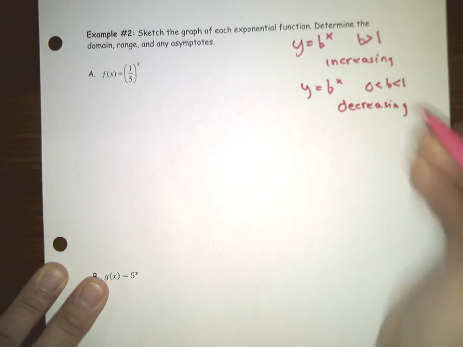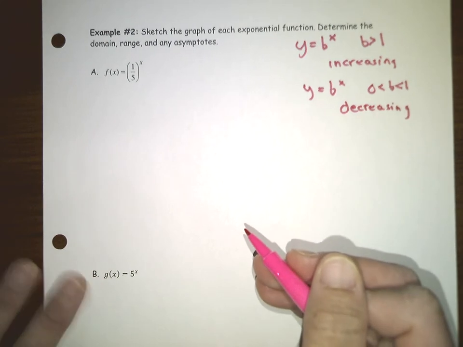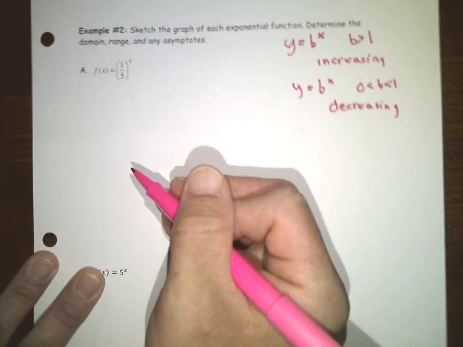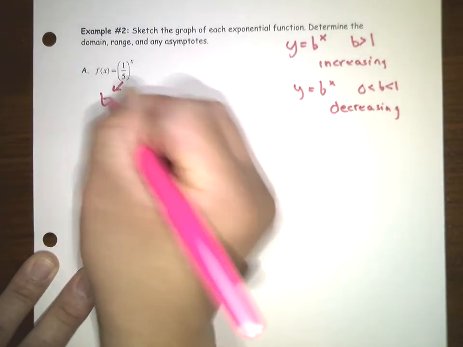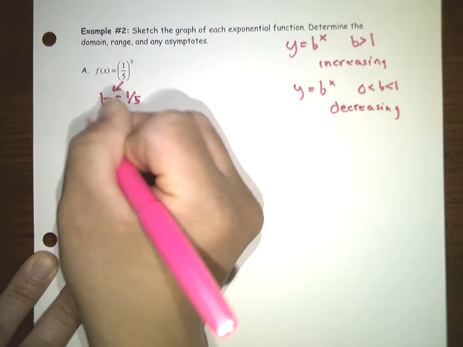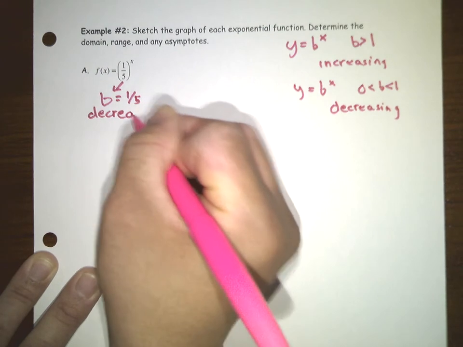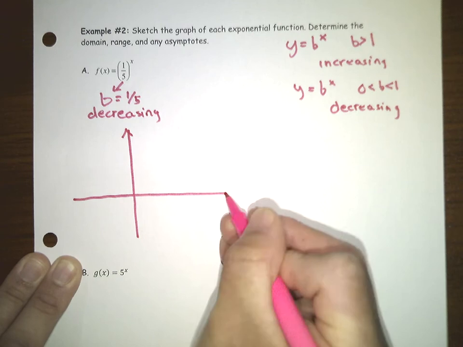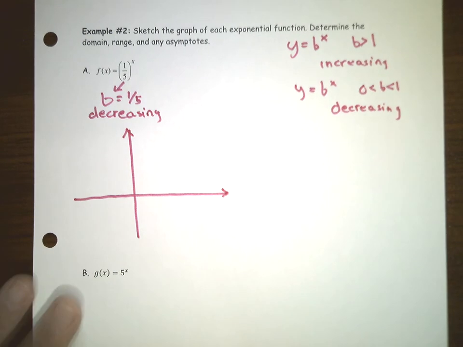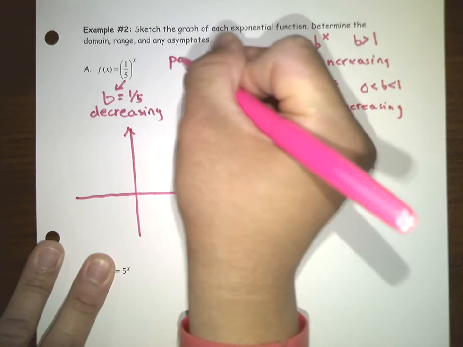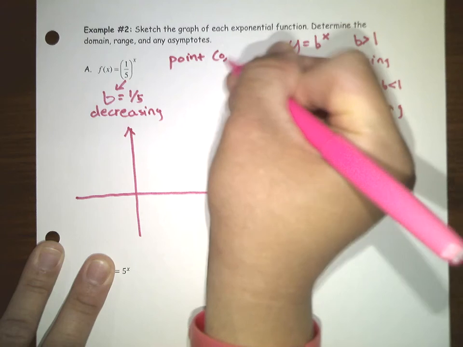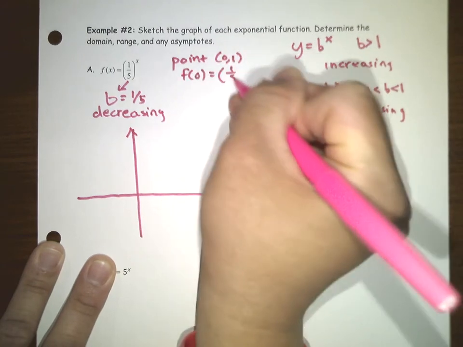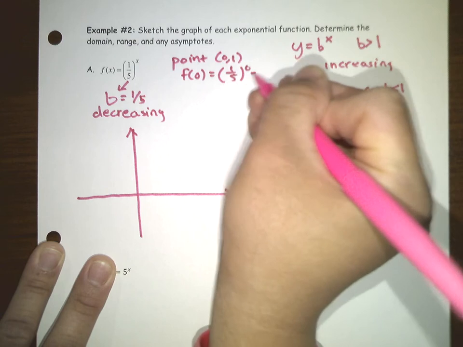So I look here at f of x equals 1/5 to the x, and I see right away that this has a base of 1/5, and so this graph should be decreasing. So I know that there's always a point at 0, 1, because f of 0 is 1/5 to the 0, which is 1.